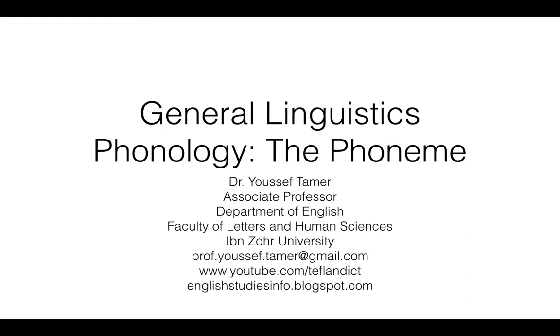You have the phoneme on the top, and then it has different manifestations, depending on the context, I mean the neighboring phonemes. And the other thing we are going to try to determine is a definition of a phoneme. What is a phoneme? This is what we're going to speak about today.